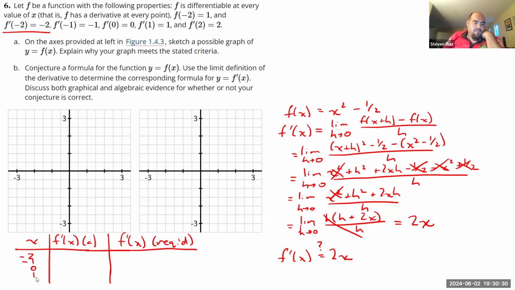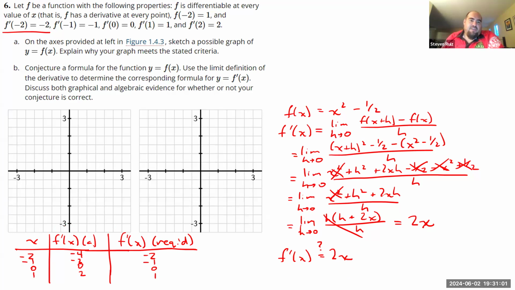I'll get too close to the bottom of my slide here, so let's just do those four for now. Our derivatives that are required are -2, -1, 0, and 1. What's going to come from the formula that we came up with? Well, what's going to come out from that is -4, -2, 0, and 2.